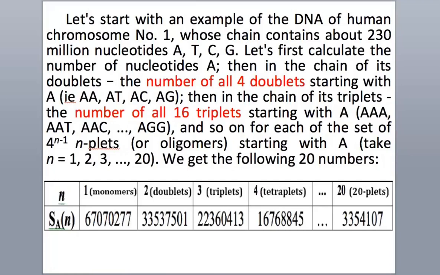Then, in the chain of its triplets, calculate the number of all 16 triplets starting with A: AAA, AAT, etc.